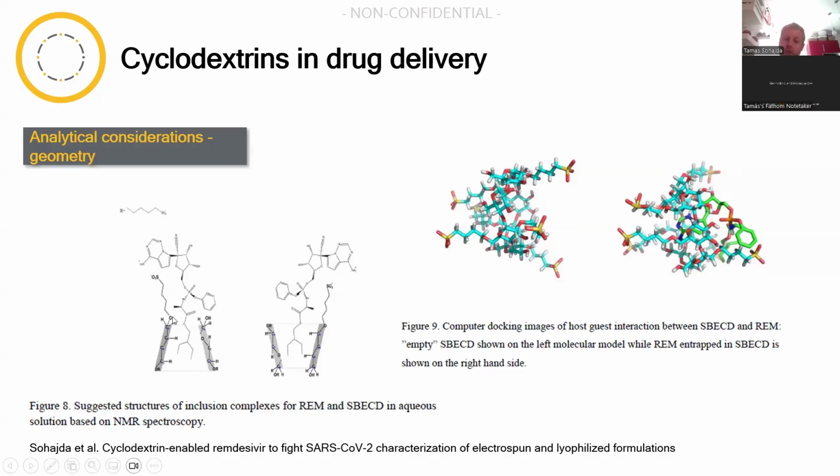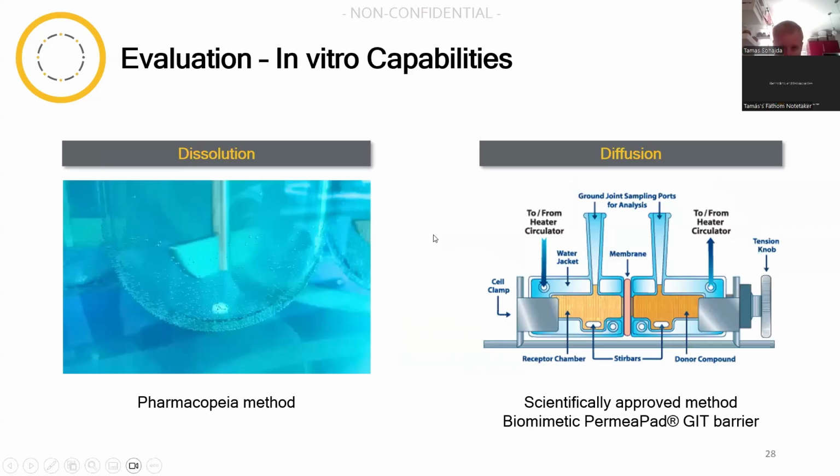As you can see, the two rims are not identical. One is wider, one is narrower. These kinds of considerations are usually very useful to explain how the cyclodextrin complex is formed and how it dissociates. And of course, like one of our guests said, we can use molecular docking to prove the same.